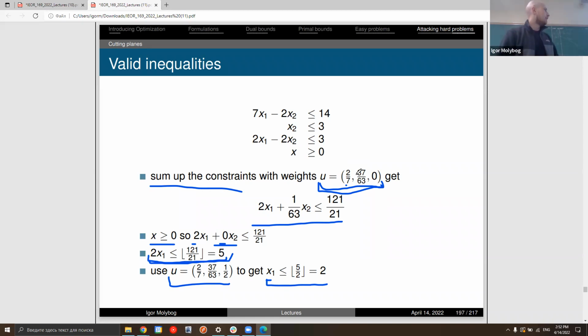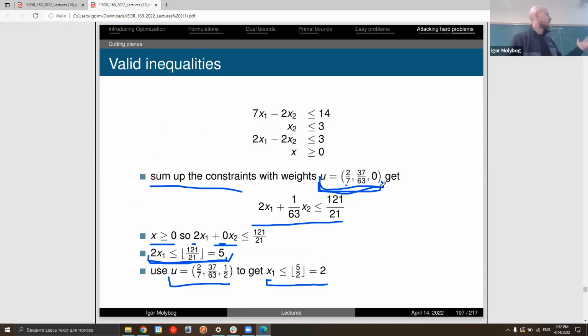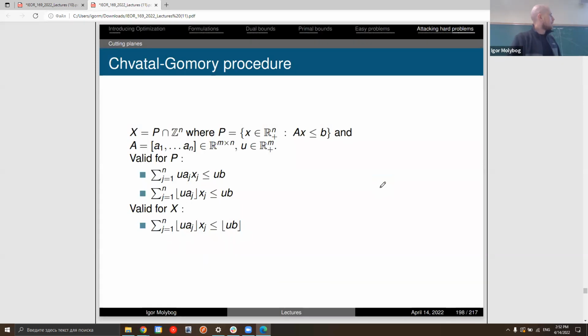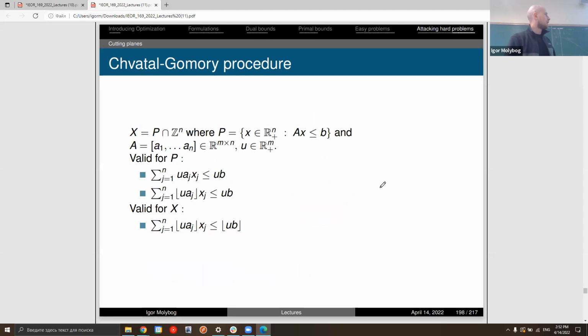But obviously, when you are doing the simplex method or something like that, this is basically what you're coming up with. You're coming up with valid inequalities. These are the dual variables, right? The variables here are the dual variables. Okay, so this is basically a different approach towards constructing valid inequalities.